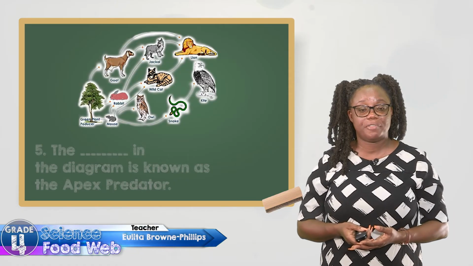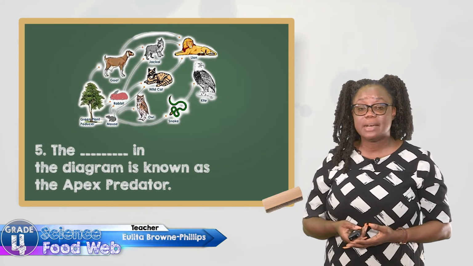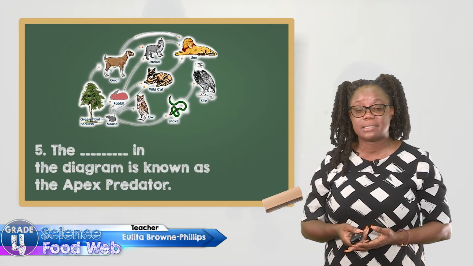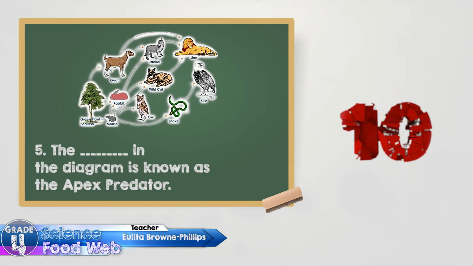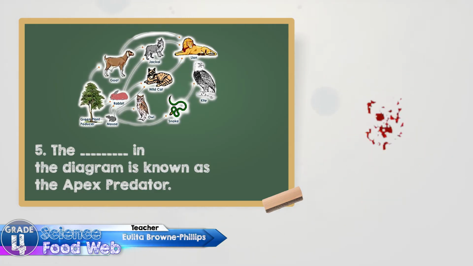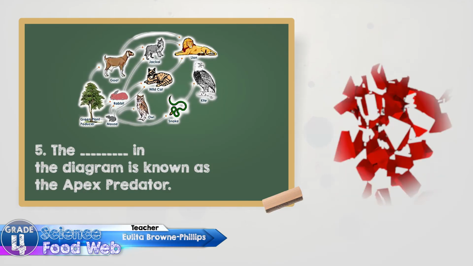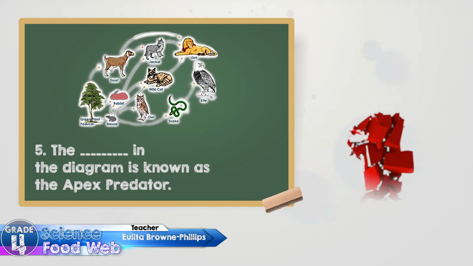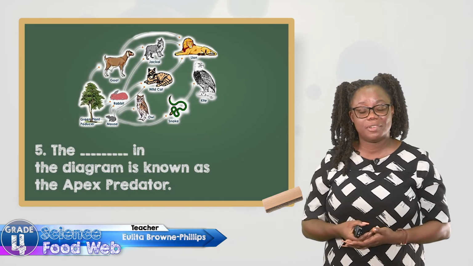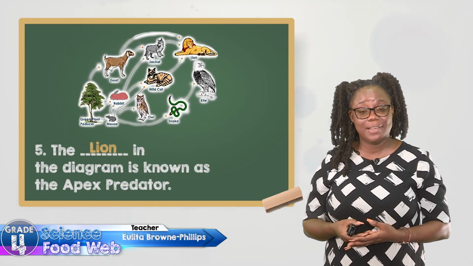Number 5. The something in the diagram is known as the apex predator. Let's see what you have. Do you have lion?